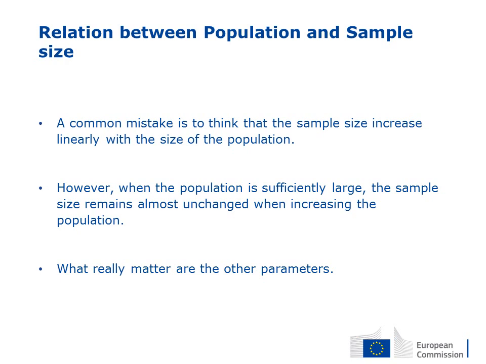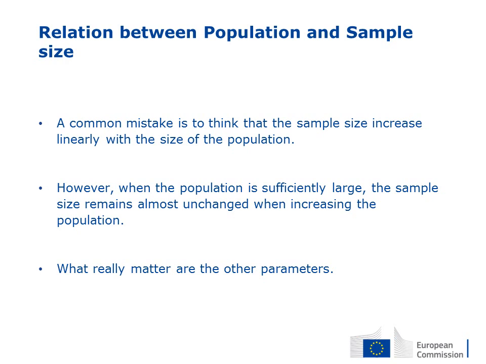A common mistake is to think that the sample size increases linearly with the size of the population. When the size of the population is sufficiently large, the sample size remains almost unchanged when increasing the population. What really matters for the determination of the sample size are the margins of error, in the strata and in the total population, and the confidence level.